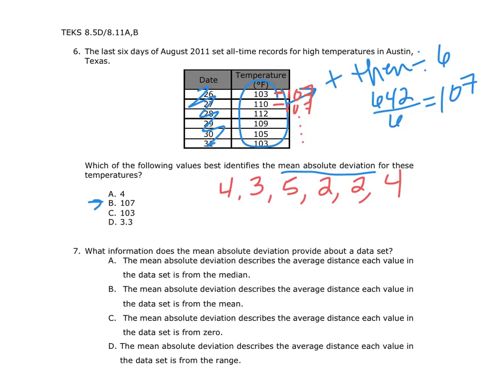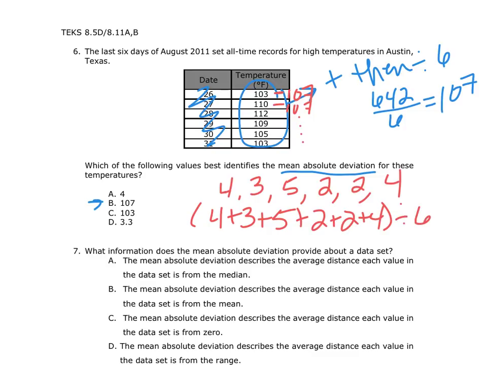Now I need to find the average of that, the average distance away from the mean. So I find the mean again. I'm adding all of these up: 4 plus 3 plus 5 plus 2 plus 2 plus 4. And then I'm dividing that by 6.